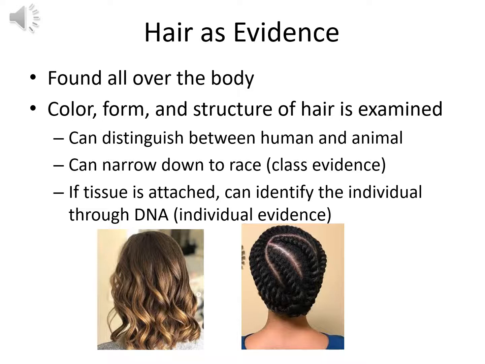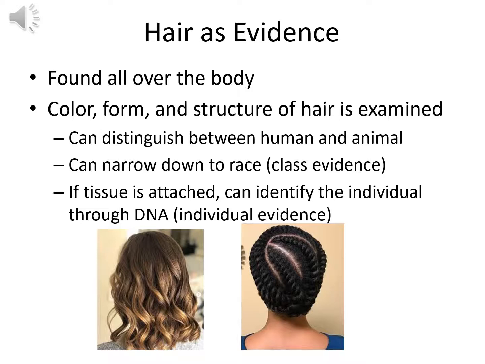First of all, just because we find hair doesn't necessarily mean it's human hair, so we can distinguish between human and other animal hair, and that's actually quite easy to do. We can also, if it is human hair, narrow it down to the particular race, and then it becomes, of course, class characteristic evidence, which is not as valuable as individualized, but it's still something to go on.